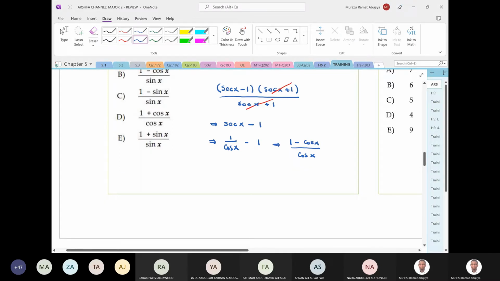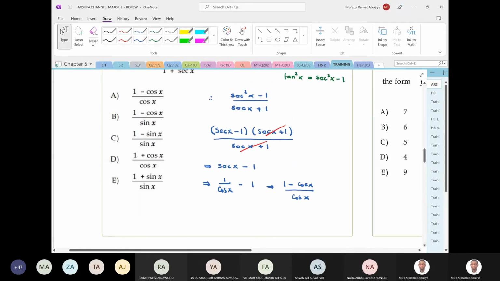Okay, so you can see that this one is, of course, in the multiple choice, which, of course, is A. Now, observe that also, this is a possibility in case it is in the multiple choice, and this is a possibility and this is a possibility.